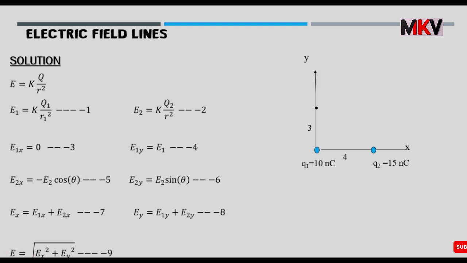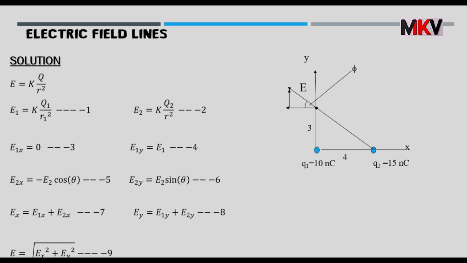The first thing we will do is state out the main equation for electric field, which is E equals KQ over R squared. But two charges were given in the question, so we will have two electric field equations, E1 and E2.